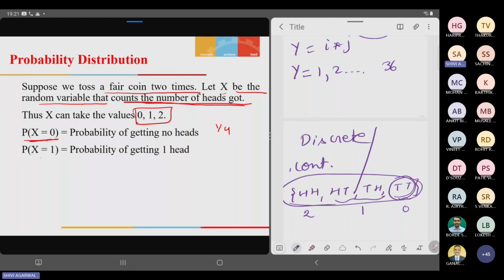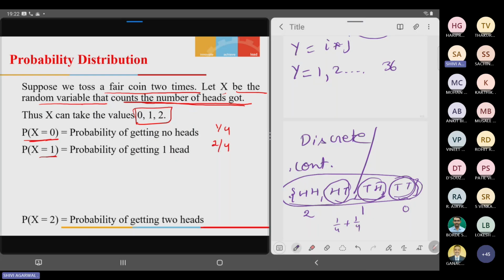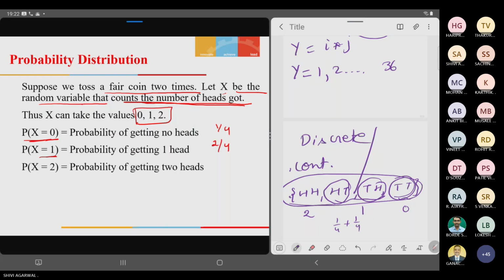Now the probability of X equal to 1. There are two options, this and this. So it is 1 by 4 plus 1 by 4, that is 2 by 4. Now the probability when X is equal to 2. Why is it 2 by 4?